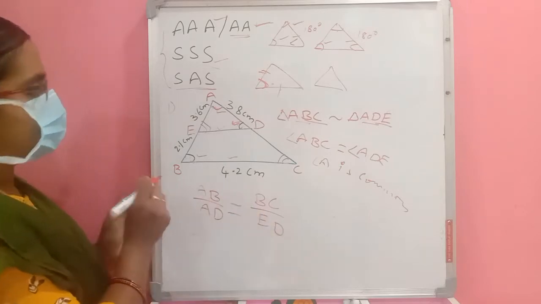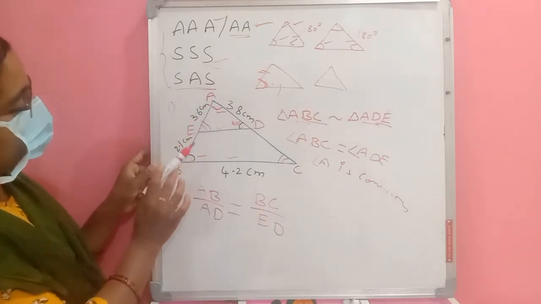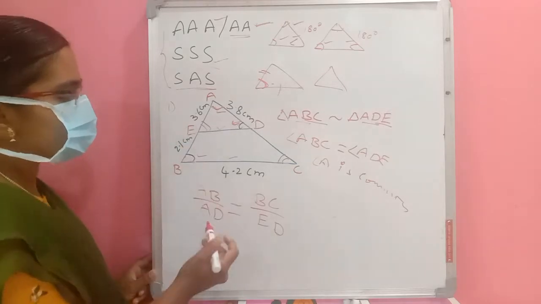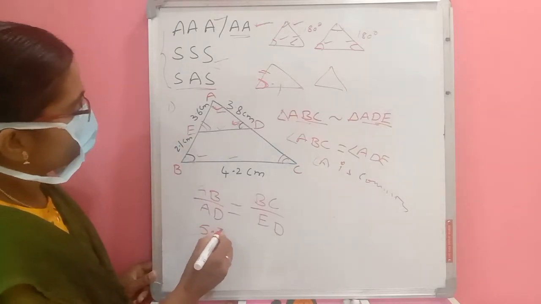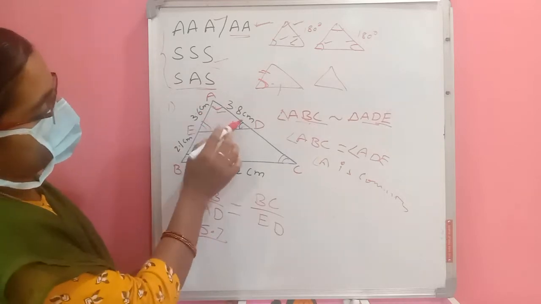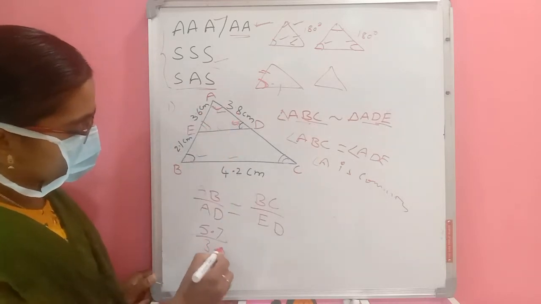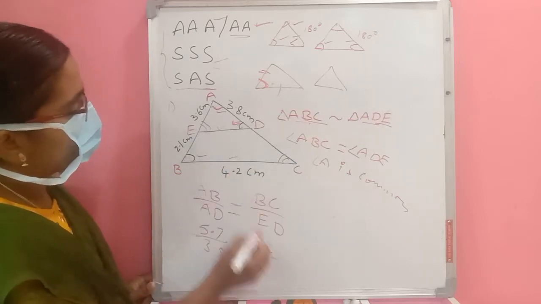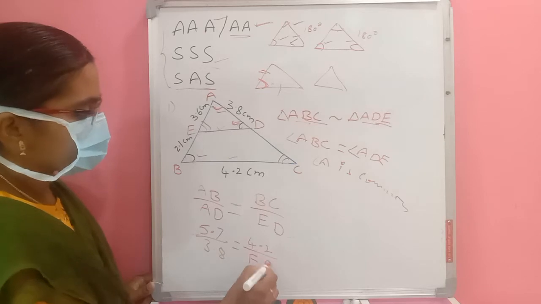So, here AB means AE plus EB. They have given AB 3.6, EB 2.1. Total is 5.7, 2.1 plus 3.6. 5.7 by AD. AD, they have given, is 3.8, equal to BC 4.2 by ED. That only we have to find out, ED.